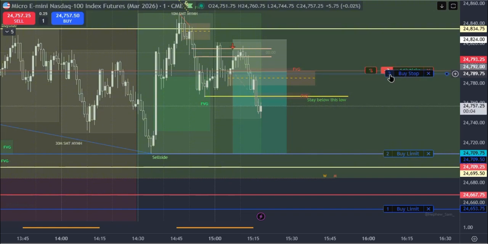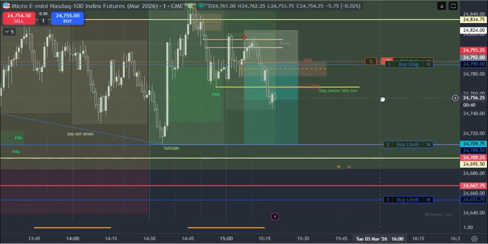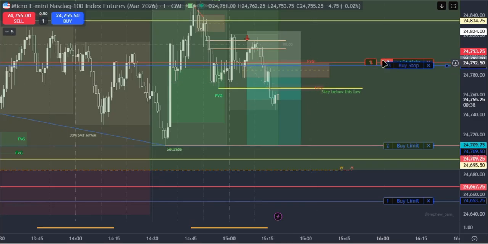I don't care if I'm wrong, but I'm not risking any money anymore. If we create another form of SMT down here, then I will take a partial, and then I'll start moving my stop loss a little bit more.